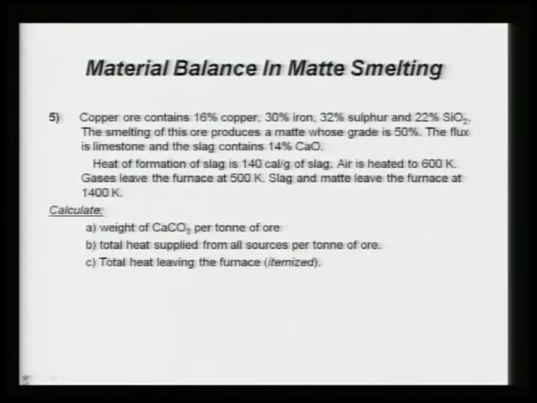You do require to supply an extra amount of heat for heat of formation, and it is also given at what temperature they leave. So, you must have understood that I would like you to do a heat balance also. You have to calculate calcium carbonate, total heat supplied and total heat leaving the furnace. So, these are the 2 problems.